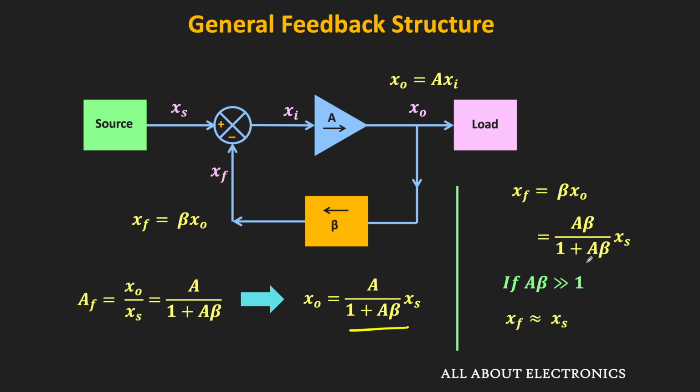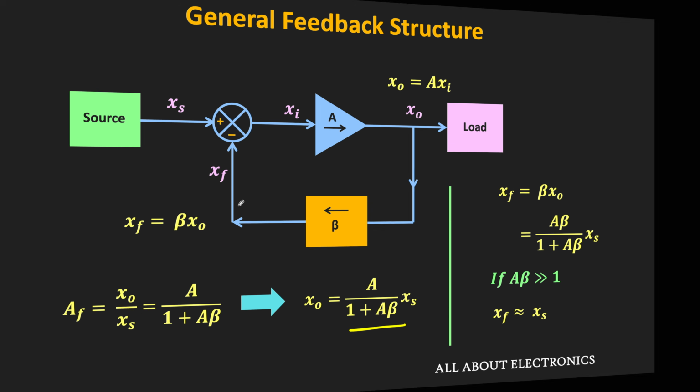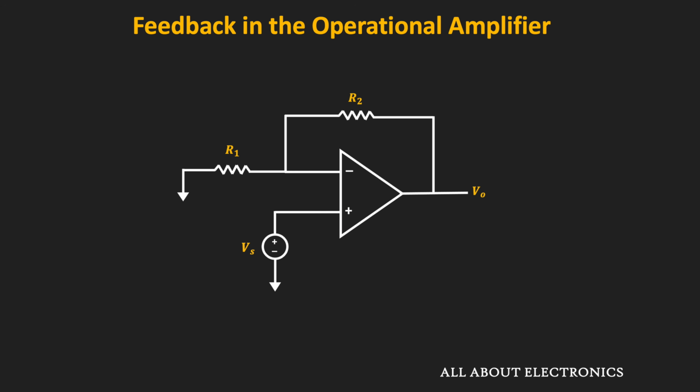That means if the loop gain is very large, the inputs appearing at the comparator or the mixer circuit are almost identical. The same thing we have also observed in the op-amp circuit. Whenever the op-amp is used in the closed loop configuration, we can apply the concept of the virtual ground or the virtual short.